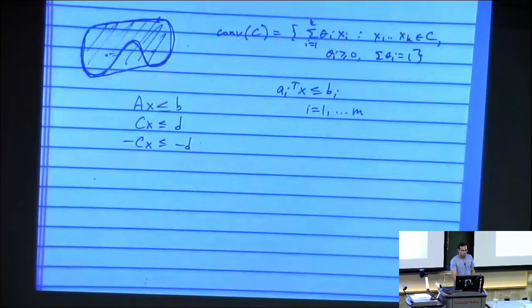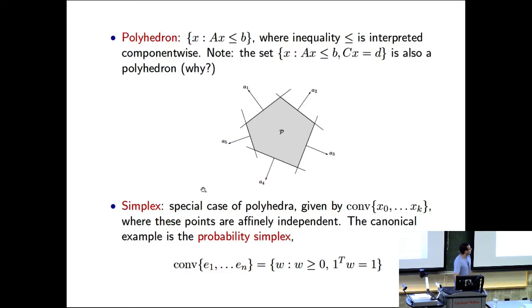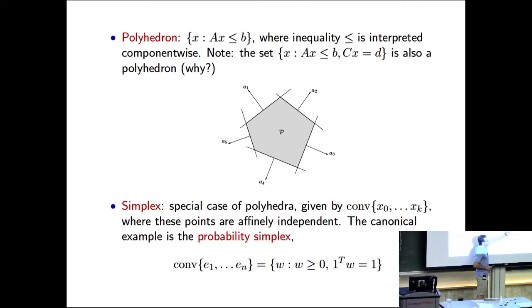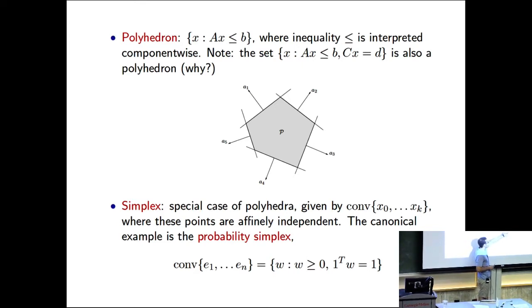A simplex is a very special polyhedron that I get by taking the convex combination of k plus 1 points. If you pick k plus 1 points, and these points satisfy a property called affine independence, which basically means that there is no lower dimensional affine space that contains them.